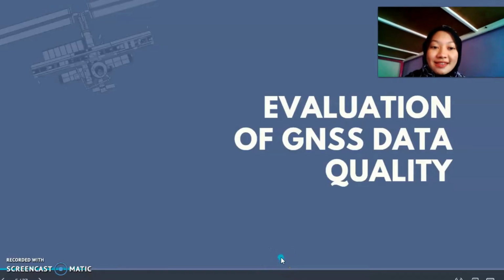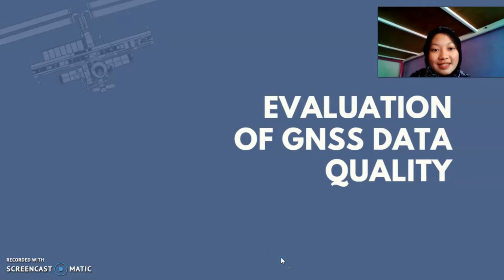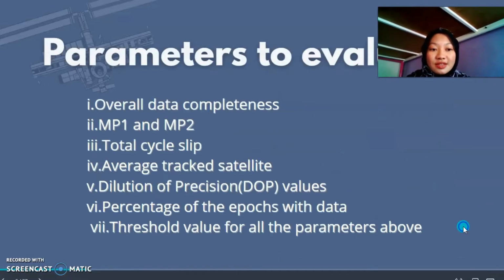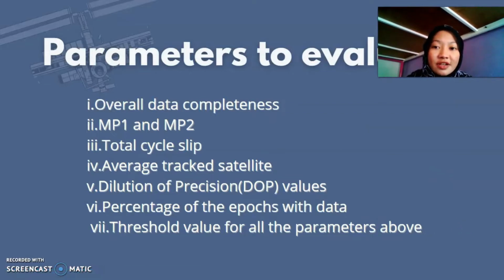Okay, so let us start with the pre-processing stage, which is the evaluation of GNSS data quality. To evaluate the GNSS data quality, there are several parameters that we need to take into account. Some of the parameters are, first, the overall data completeness. So what is data completeness?